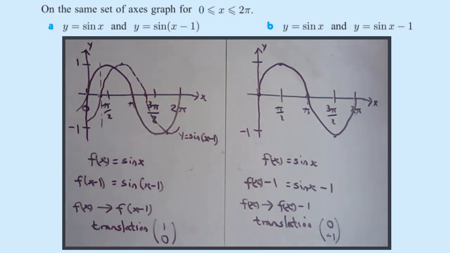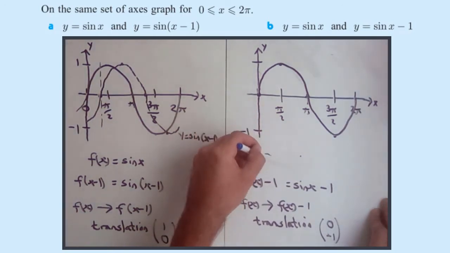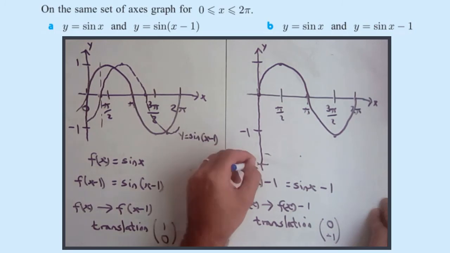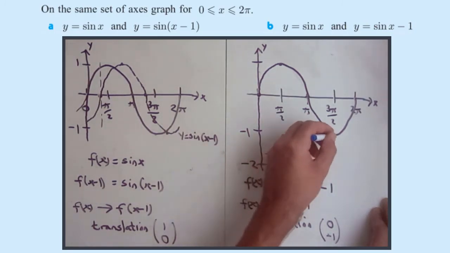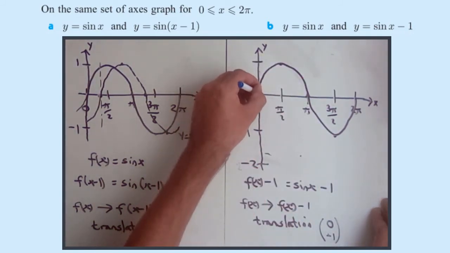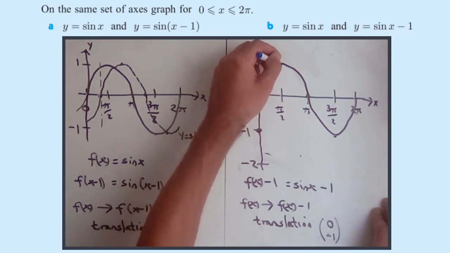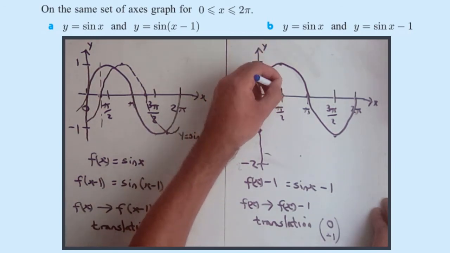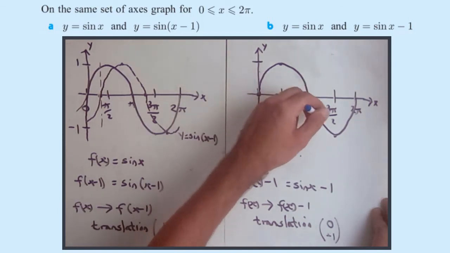So that should be a lot easier, except I'm going to need a bit more room. So I need to go down to -2 here. That means everything's just going to come down by 1. So where it started at 0 before, it's going to start at -1. Where it got up to 1, well, it's only going to get up to 0. Where it got here, this 0 is -1 again.